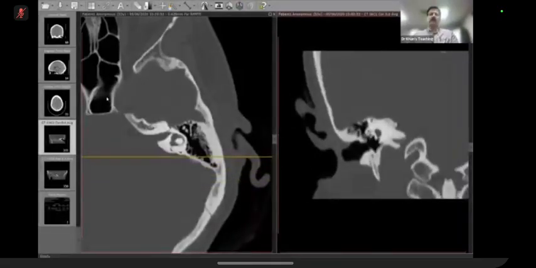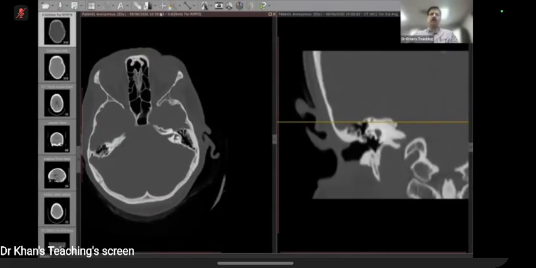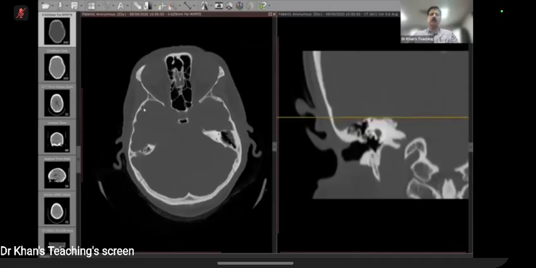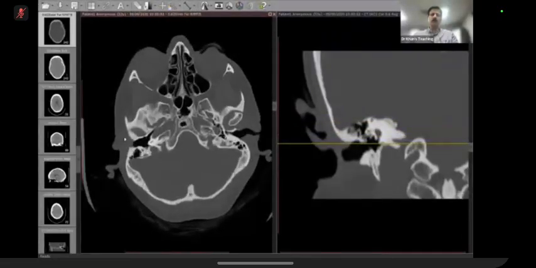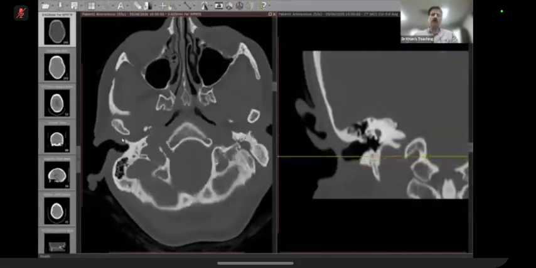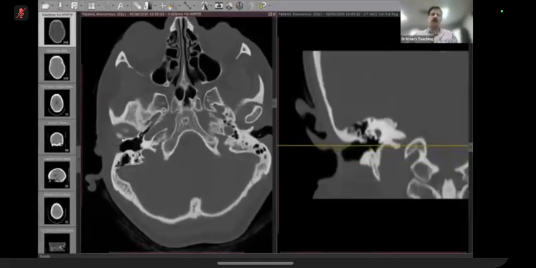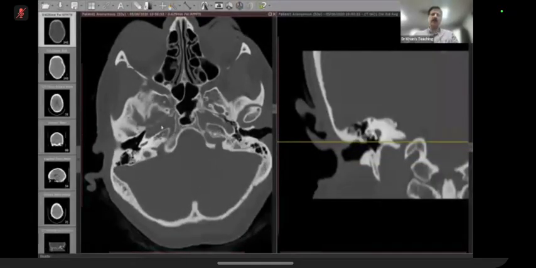Now, other surrounding structures, if you see here, this is the carotid canal.